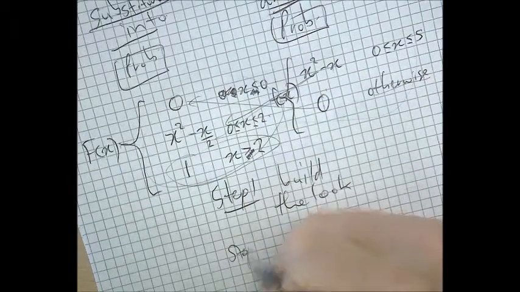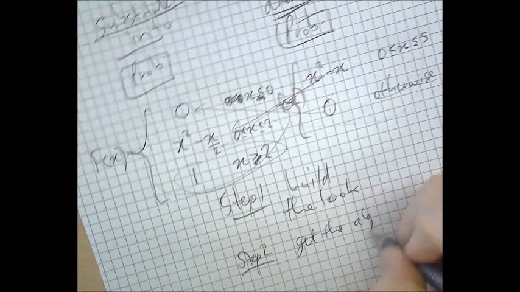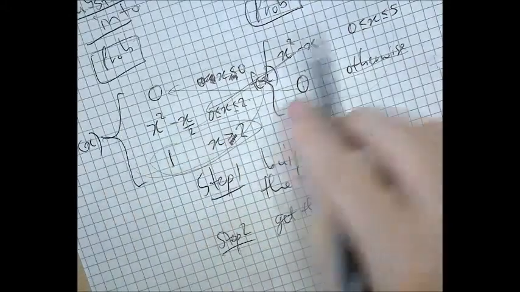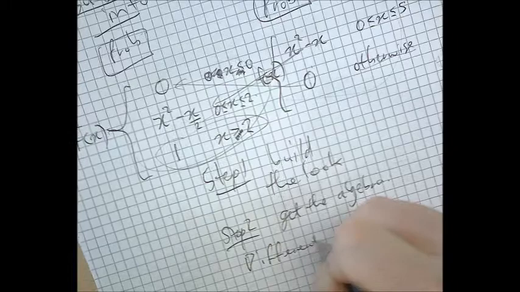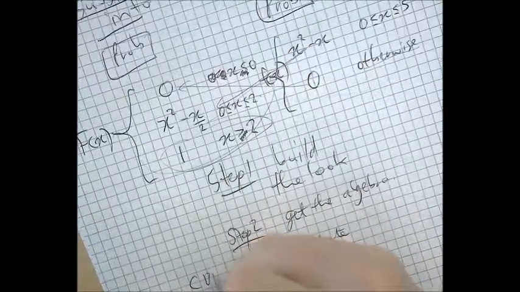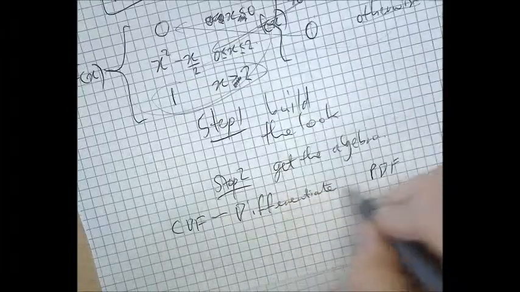Step 2 is get the algebra. If you have a CDF and you want a PDF, you differentiate. So that's from CDF to PDF, you differentiate.